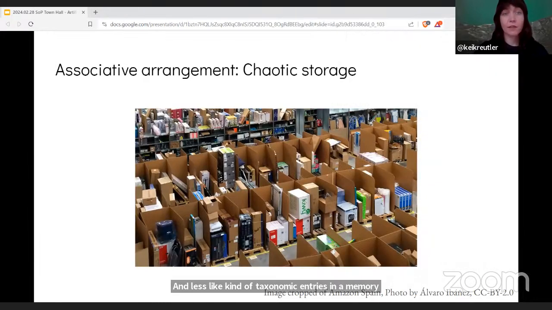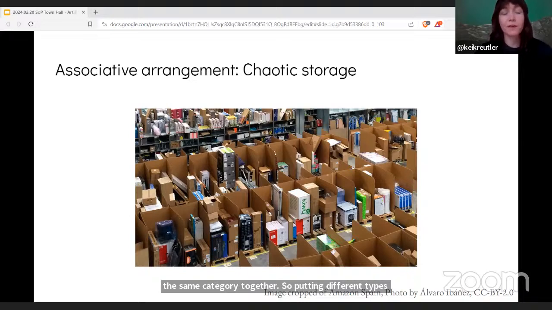By contrast, we can see ideas and instances of associative arrangement in other practices, including the domain of shipping warehouses today. Traditionally, shipping warehouses organized items of the same category together, putting different types of toothpaste together.